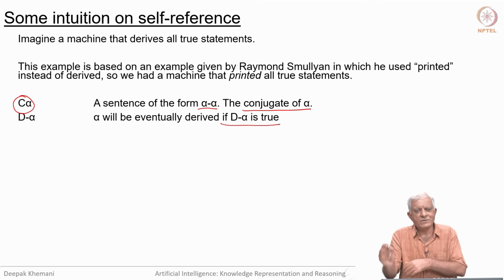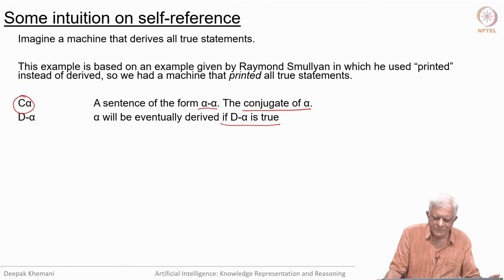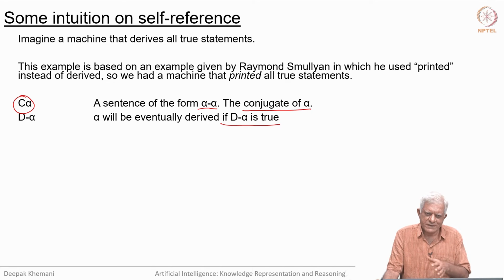In first order logic, we do not talk about sentences; we talk about terms which are elements in some domain, which map to elements in the domain. But here Smullyan is talking about a language in which you are talking about sentences. So, it is definitely a more expressive or a higher order language. D alpha says that alpha will eventually be derived. So, if D alpha is true, then it will be derived. It is like a complete system, that is what we are trying to say.